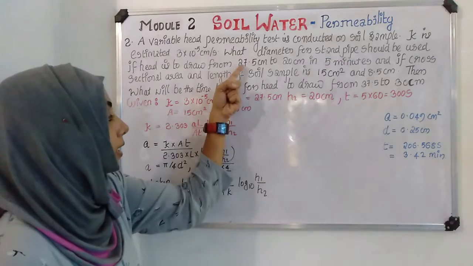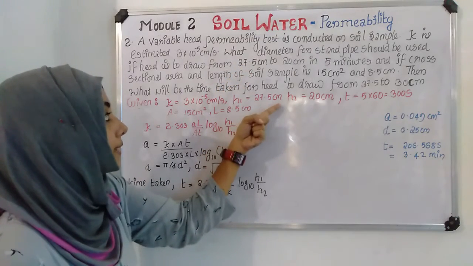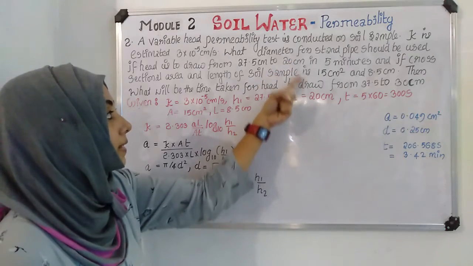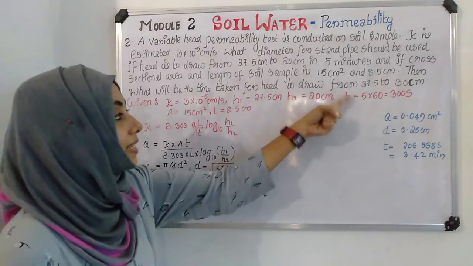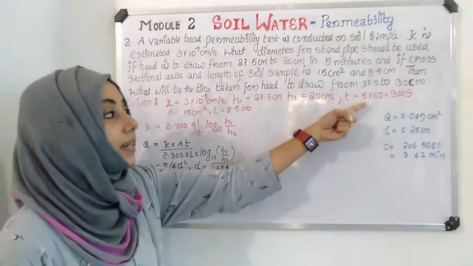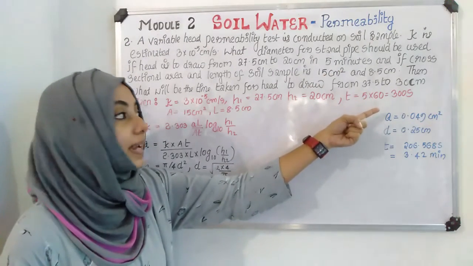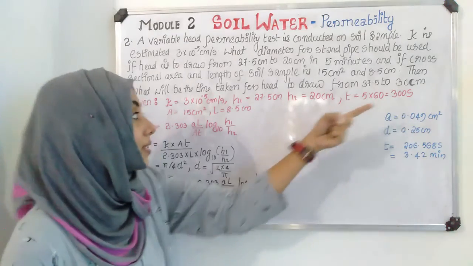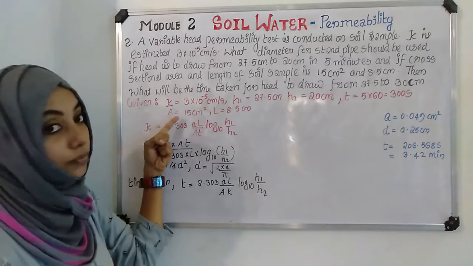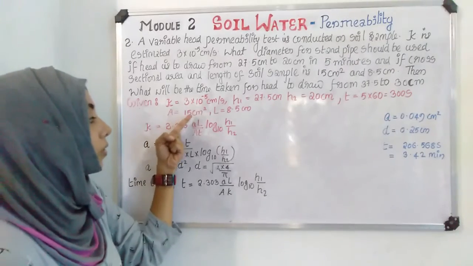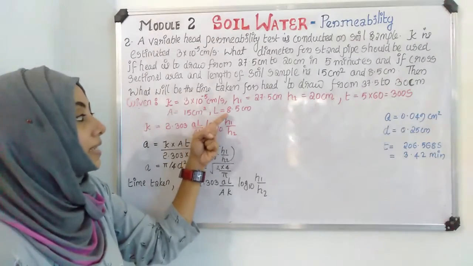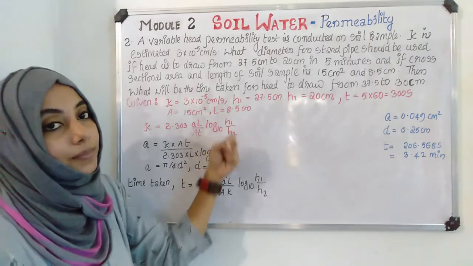Initial head H1 equal to 27.5 centimeter and final head H2 is 20 centimeter in time 5 minutes. We are converting it into seconds, that is 5 into 60 equal to 300 seconds. Also given is the area of cross section of the soil sample, equal to 15 centimeter square, and the length of the soil sample, which is given as 8.5 centimeter.